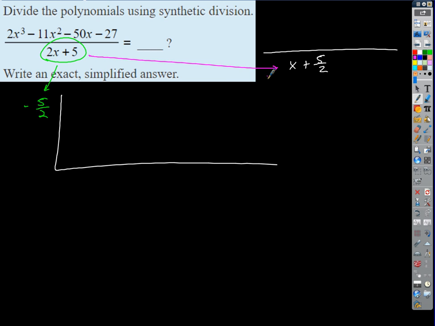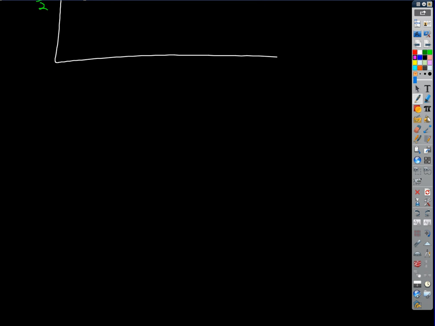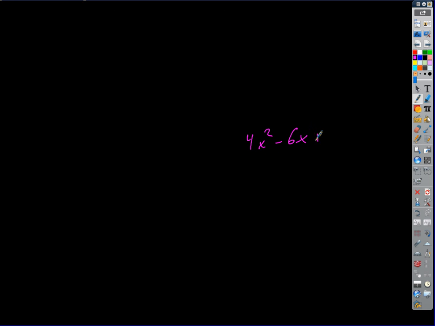In the same way that if we had, for example, the fraction 4x squared minus 6x plus 10 over 2x minus 4, couldn't I just factor a 2 out of the top, right? I could factor a 2 out of the top, leaving me with, let me give myself enough room here.